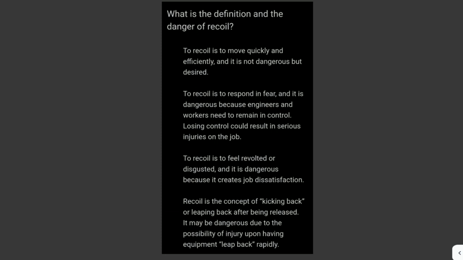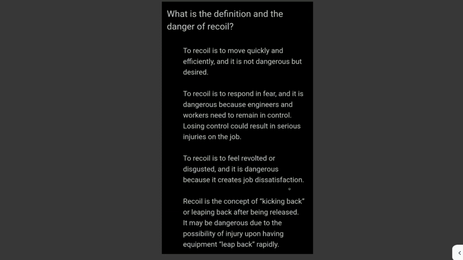What is the definition and the danger of recoil? The act of recoiling, whether in a human or in a machine, denotes the act of leaping or pulling back after being released or in response to a trigger. Recoil is largely dangerous due to the potential for injury if workers are not paying careful attention to heavy machinery.